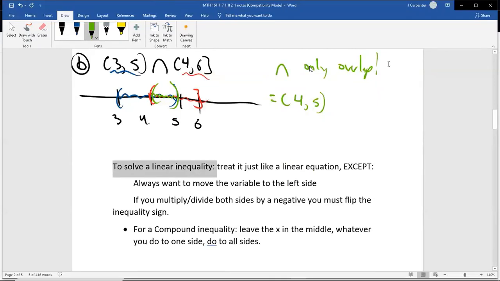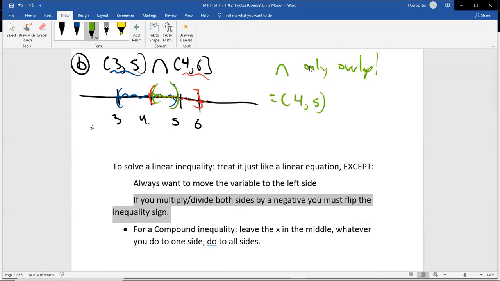Whatever you do to one side, do to the other. You will have inequalities that have 3 sides. In those instances, whatever you do to one side, you do to all sides. I have that memo down here. I'm kind of jumping the gun. But there's an if statement. This is the one minor change in equations versus inequalities.